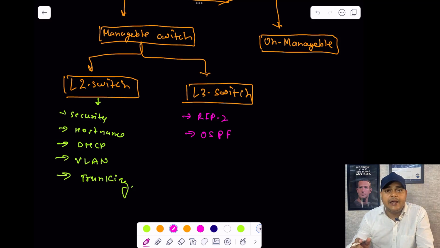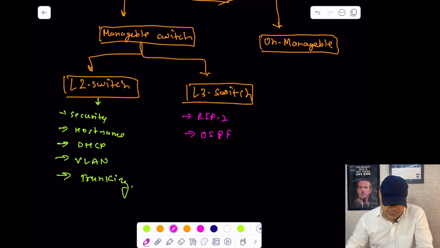As per the requirement, if your Cisco router is not working properly due to physical damage, network damage, or any kind of issue, and you have an L3 switch, you can manage and configure in the L3 switch all the features that you had configured in your Cisco router. So you can say it contains the features of a Cisco router.